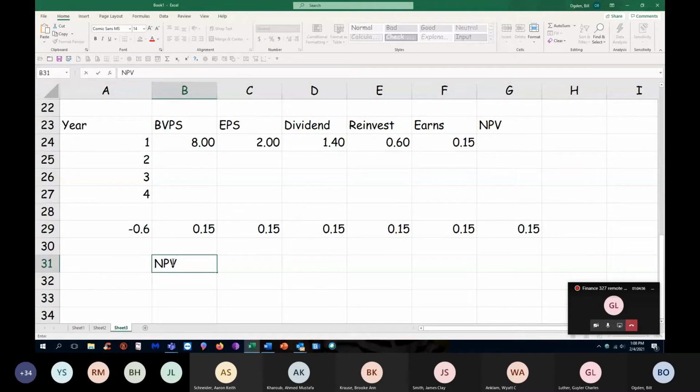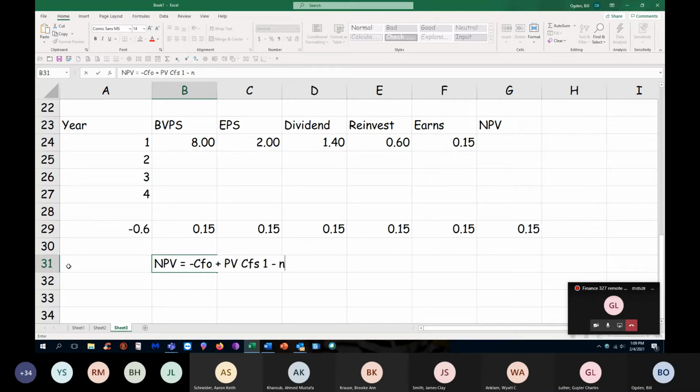V equals minus cash flow zero, plus present value of cash flows 1, in this case, well, 1 for any of them, to n.